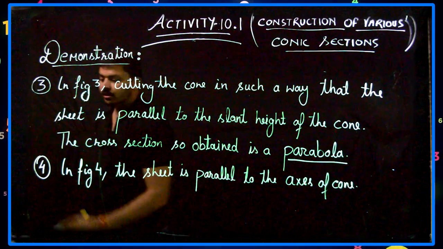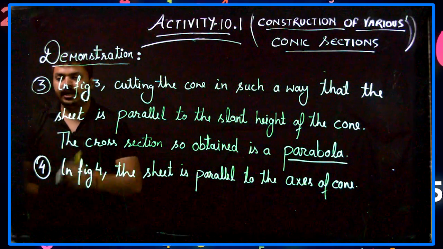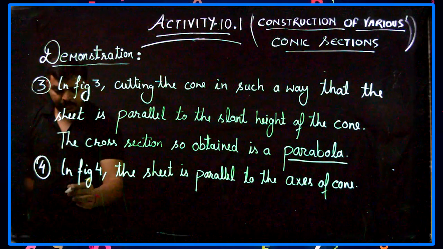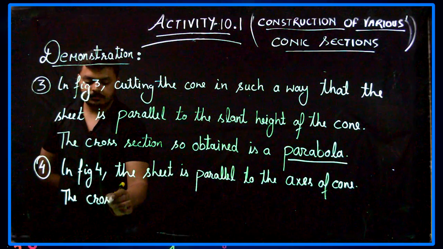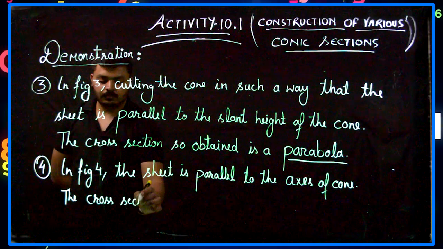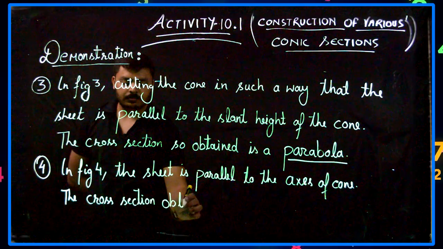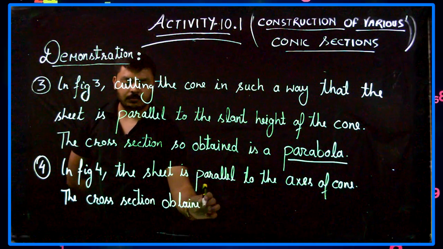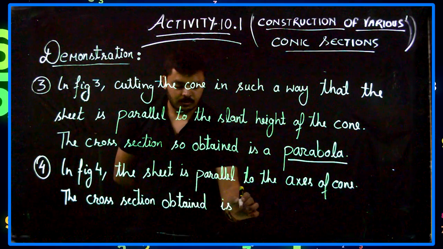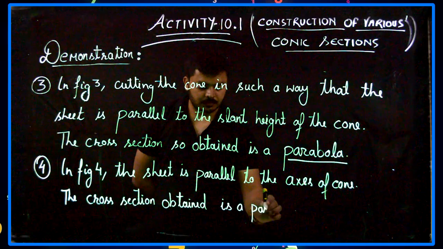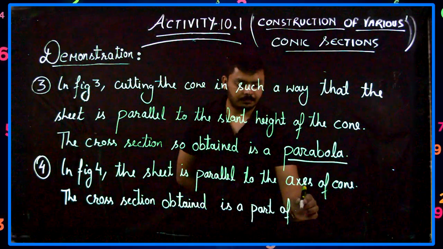Figure 4 was the two cones one over the other, joined by a straight wooden stick, and in this case the cross section obtained is a part of a hyperbola.